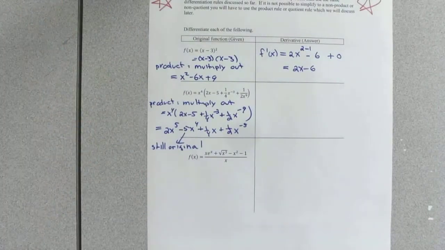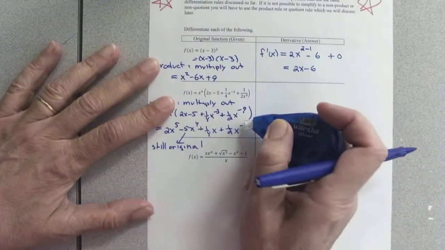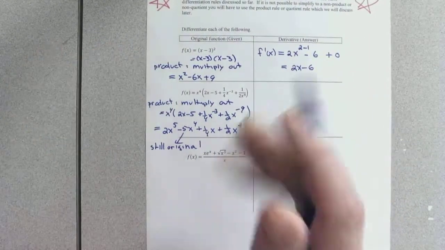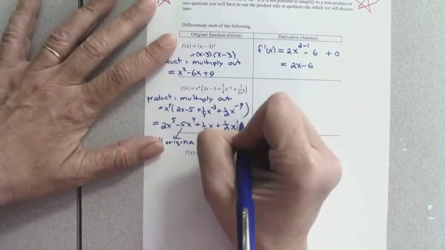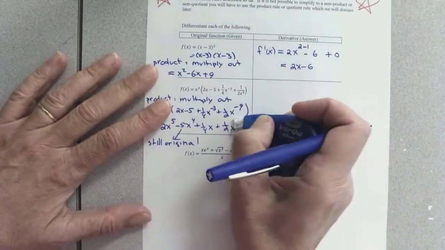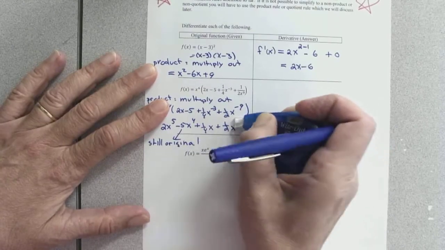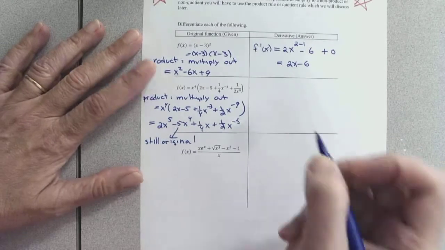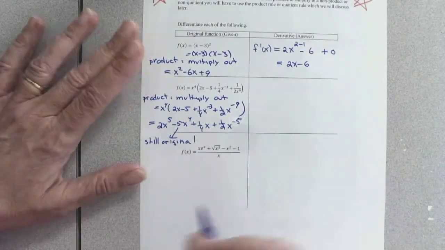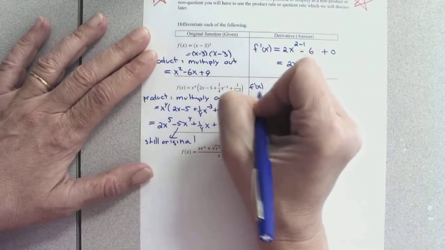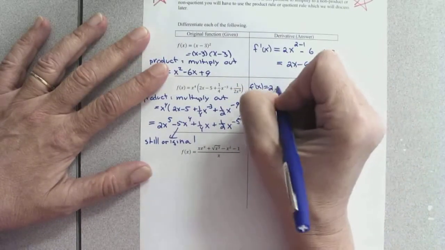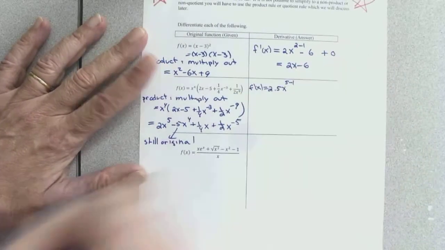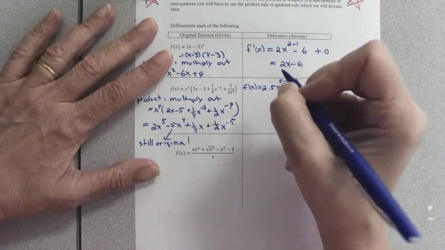Haven't done a lick of calculus yet. But it's now in a much more calculus-friendly format. And so I can just use my basic rules. So my derivative: the 2 just stays there, multiply by the exponent, decrease the exponent by 1.